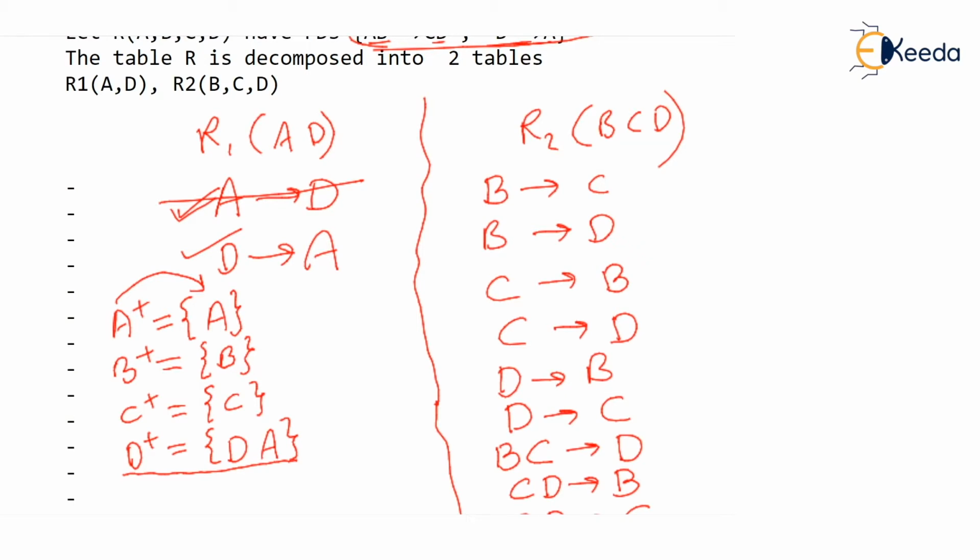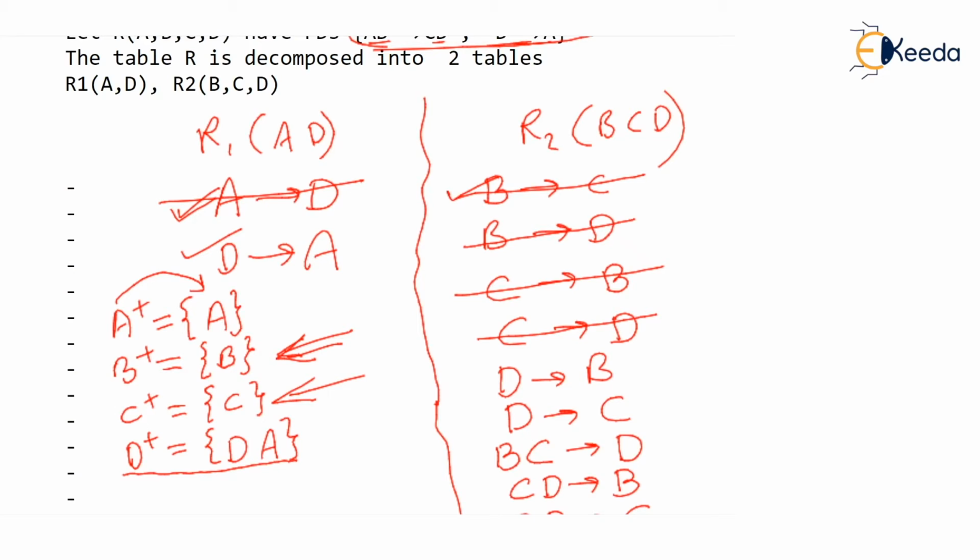Now let's see whether B determines C is satisfied by R2. No, because B closure using our original FD set does not contain C. Similarly, B determines D is ruled out because B closure does not contain D. Now C determines B is also ruled out. C closure does not contain B, so C does not have the ability to determine B. C determines D is ruled out.